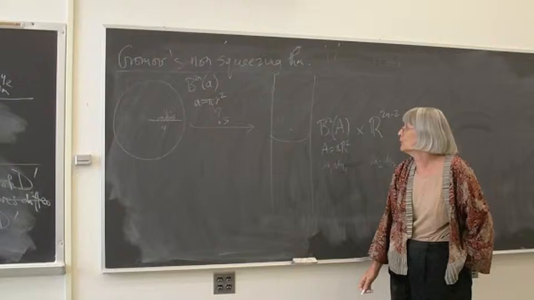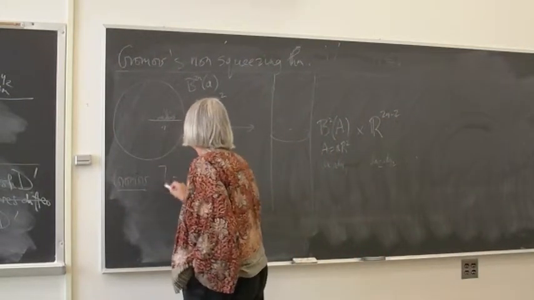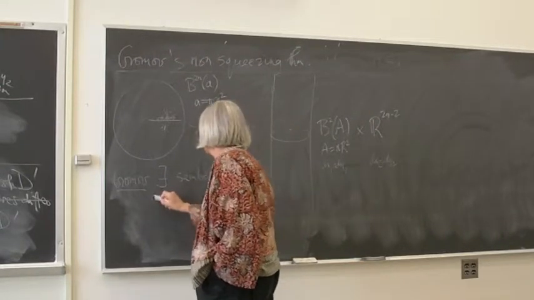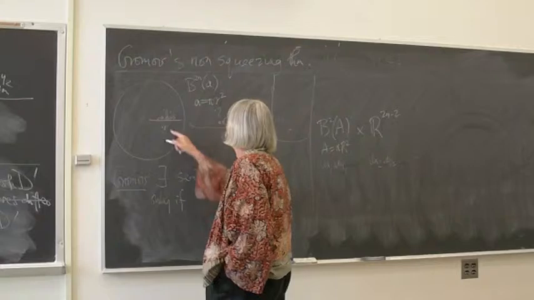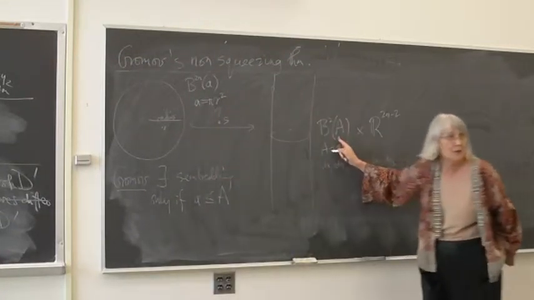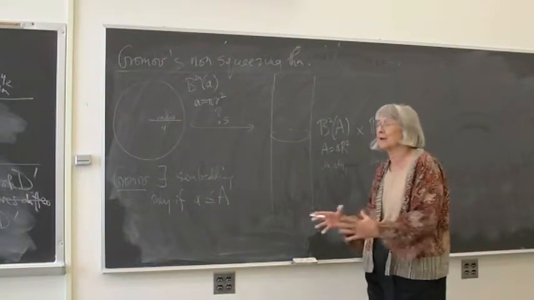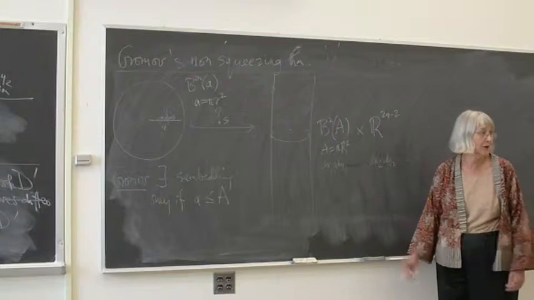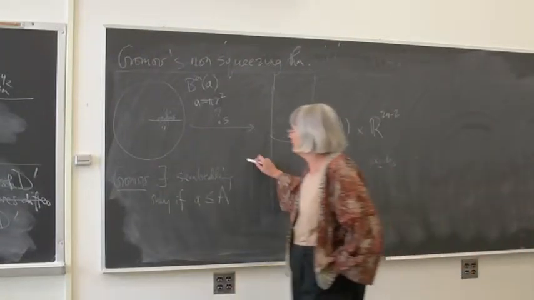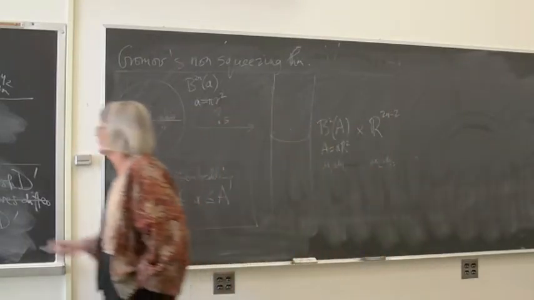And what Gromov showed was that there's a symplectic embedding only if this number A is actually less than that number A. So there's no way of taking a round ball and squeezing it symplectically to put it into a cylinder. That was his result, which is a sort of complete contrast to this.